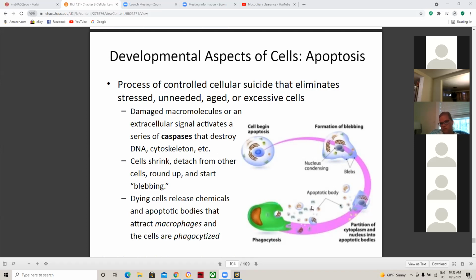Dying cells will release chemicals that attract macrophages, and the dead cells will be phagocytized.